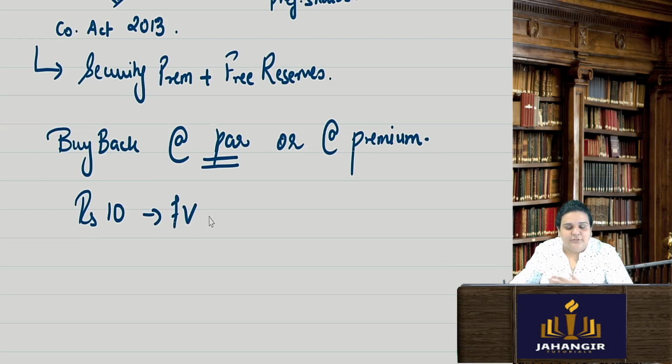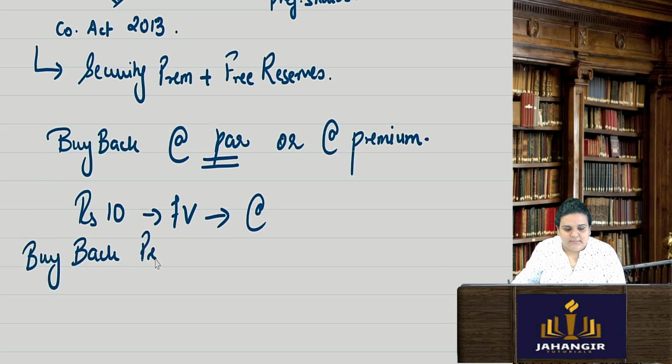The buyback also, the company will give it as per rupees 10. So at par. The company has to pay money. This time the company is not collecting money. So at par means face value is the same and the buyback price is also the same. Therefore, I will say it is at par.